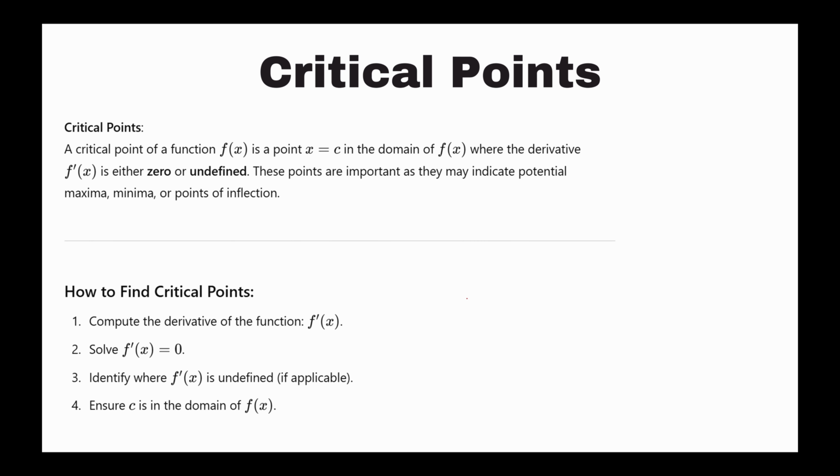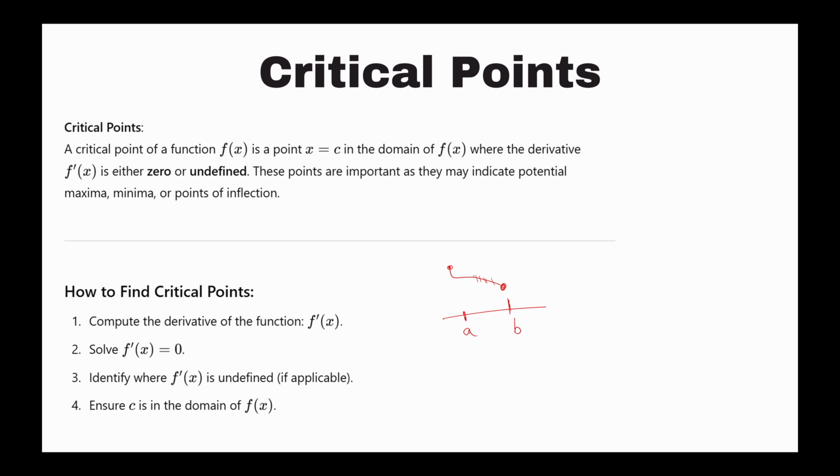Now one piece of information, let's say you have a function in a range from a to b. For all these points I can check whether my function has a critical point or not.